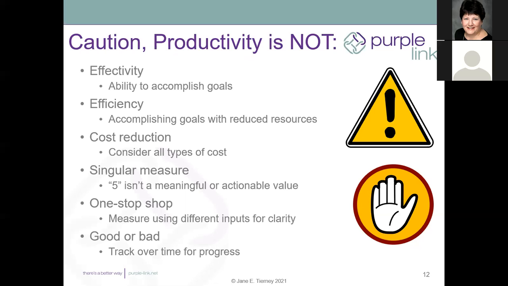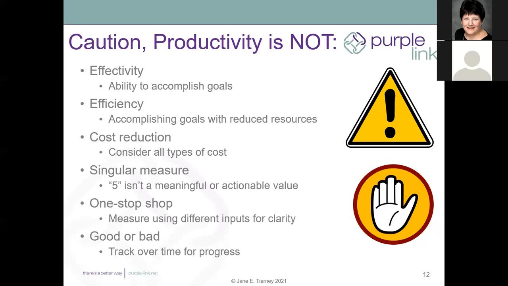So you and another person in your organization may have a similar goal. If you can reach yours more quickly, then you're more efficient because you did it in less time. It doesn't always have to be extra people in there.